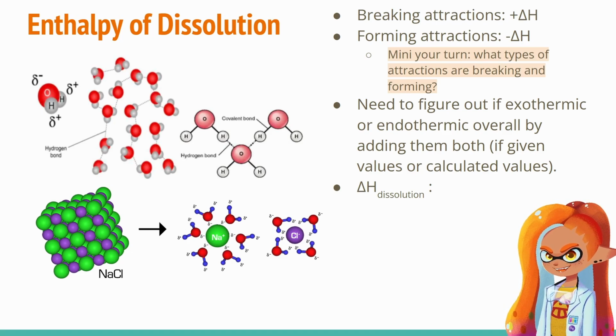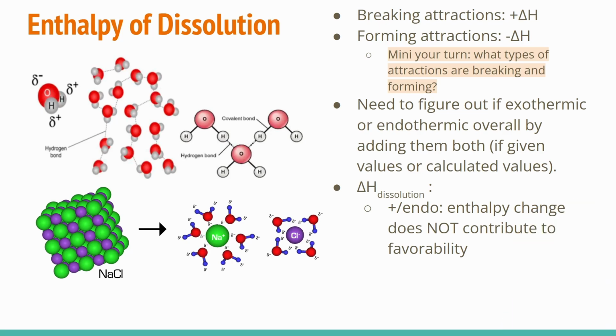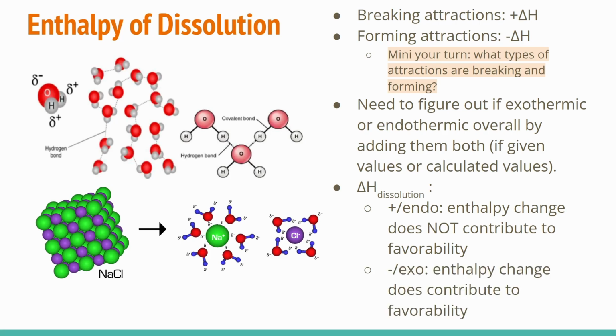So for delta H dissolution, we have endothermic, which is a positive value, and so you know that the enthalpy change does not contribute to favorability because that's inputting energy overall. If delta H dissolution is exothermic, aka negative, that means the enthalpy change does contribute to favorability because it is releasing energy. I didn't need to input energy overall in order for this to actually occur.